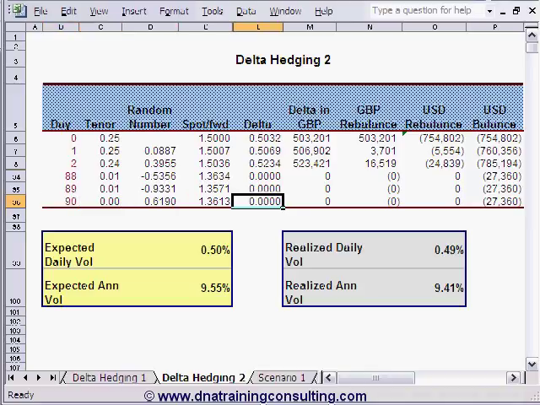On this particular occasion, this particular simulation, having pulled the spot down all the way to 1.36, of course our option would be expiring, being a call option, out of the money. We know also that the delta, since the option has to end up either in the money or out of the money, on the last day has to be and is either 0 or 1. In this particular case, 0.